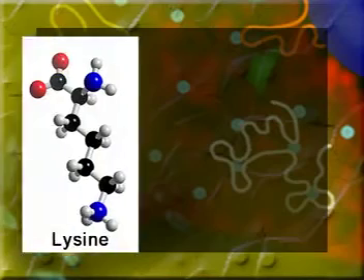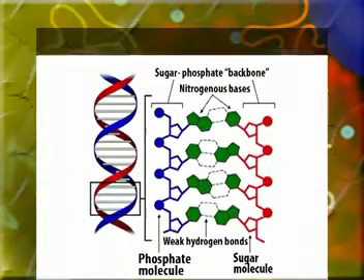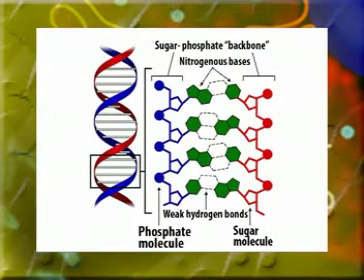All 4 histones that make up the nucleosome core are relatively small proteins with a high proportion of positively charged amino acids, that is lysine and arginine. The positive charges help the histones bind tightly to the negatively charged sugar-phosphate backbone of DNA.